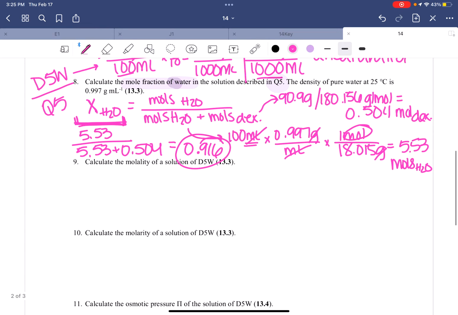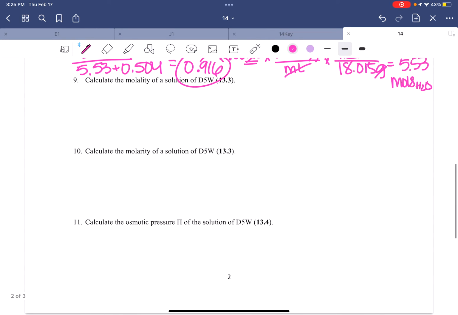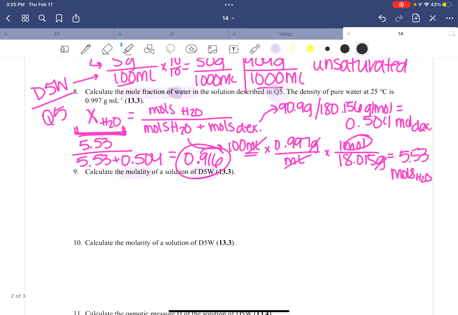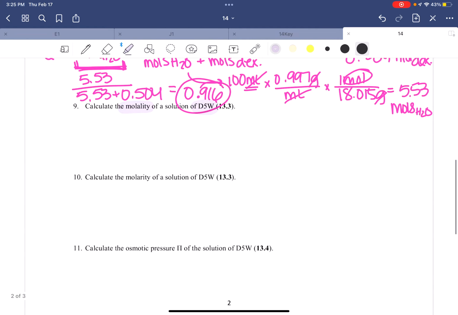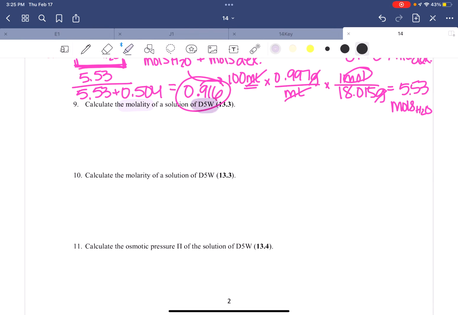So our next question, number 9, is asking for the molality of the solution of D5W. The question that we just did was asking about the solution in Q5. Now we're going back to the D5W solution. I do want to point out really quickly that molality is slightly different than molarity.